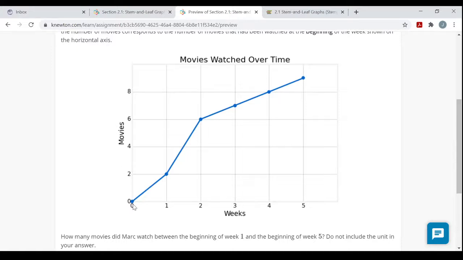So at the beginning he's watched no movies. A week later he's watched 2. In the first 2 weeks he's watched 6 movies. So that means from week 1 to week 2 he watched 4 movies. And then 3 weeks since the beginning he's watched 7, then 8 after 4 weeks, 9 after 5 weeks.